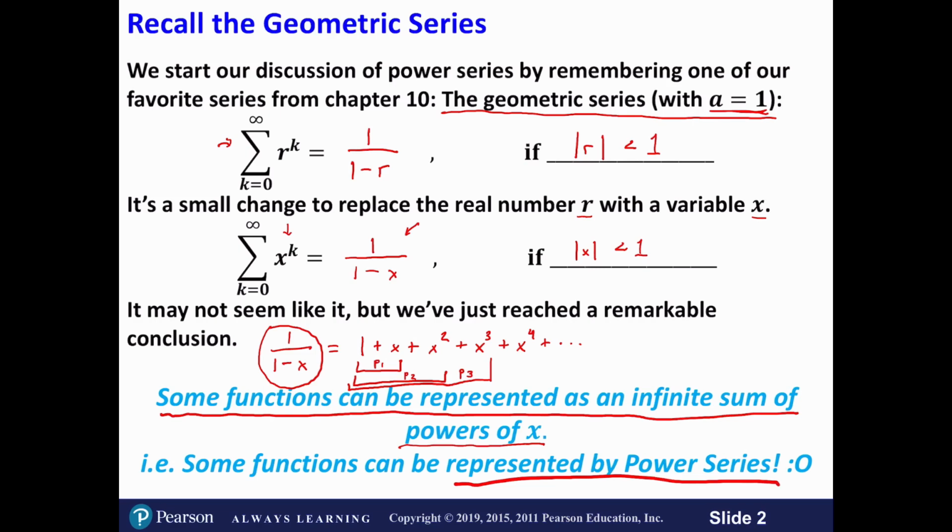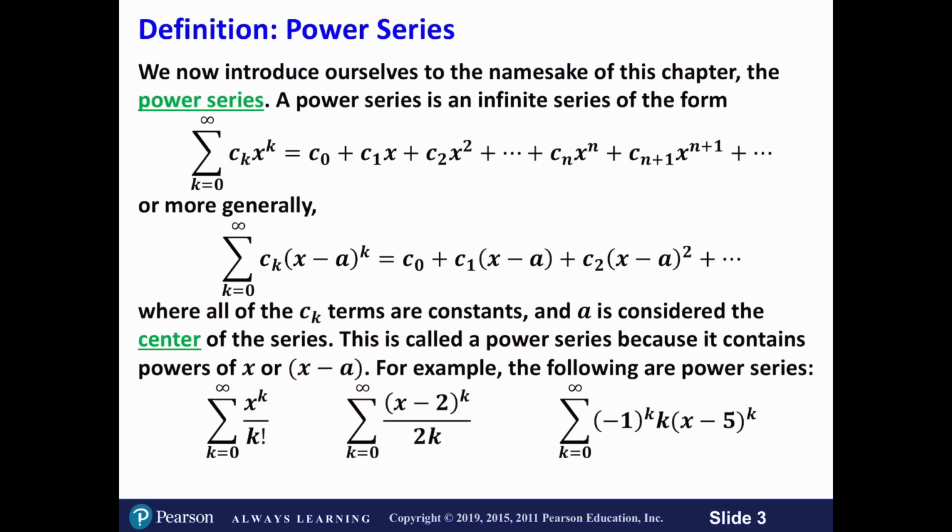And to give you a formal definition of a power series, let's go here. A power series is an infinite series of the form sum from k equals 0 to infinity of c_k times x to the k. So c_k here, these are just constants, some sort of number that depends on k.